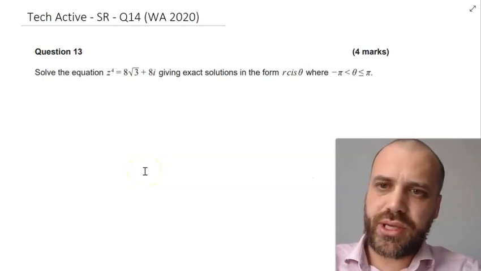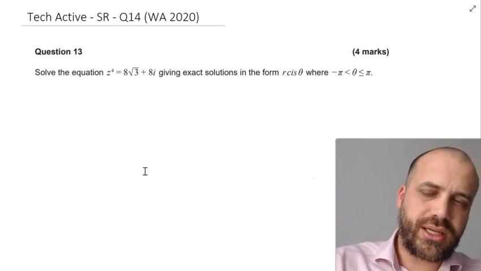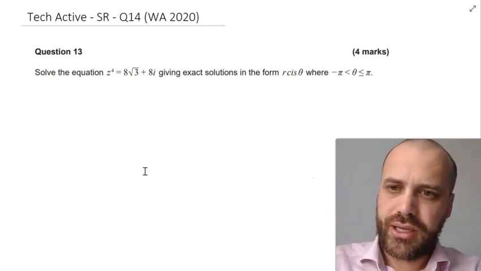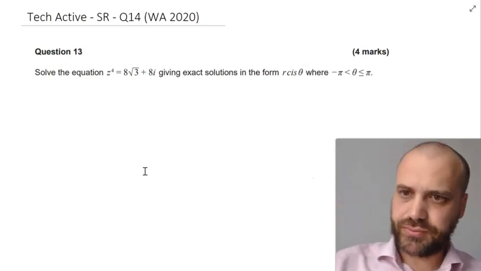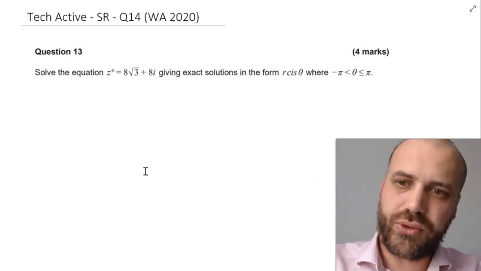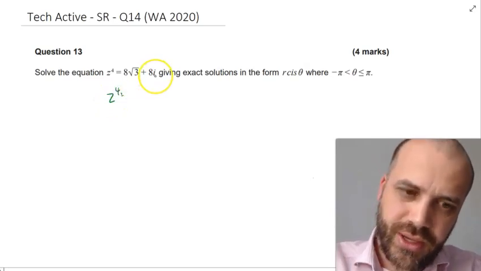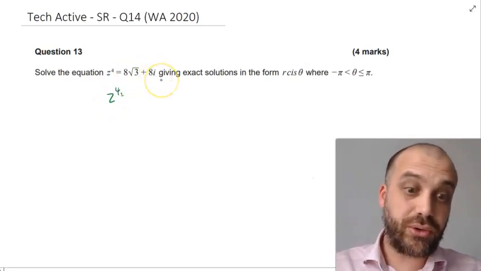So z to the 4 equals 8 root 3 plus 8i. We're trying to find the exact solutions between negative pi and pi. Now, when I think about finding the nth root of a complex number, I think about being in polar form. So if z to the 4 equals this, we should convert that to polar form.